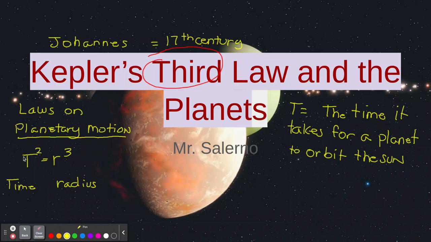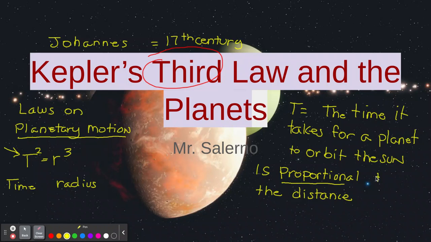And of course, if you see the equation, we're going to square that. Once we know what that is, we'll square it. So the time it takes for a planet to orbit the sun is proportional, that means it's equal to the distance. And by the way, the time squared is proportional to the distance.